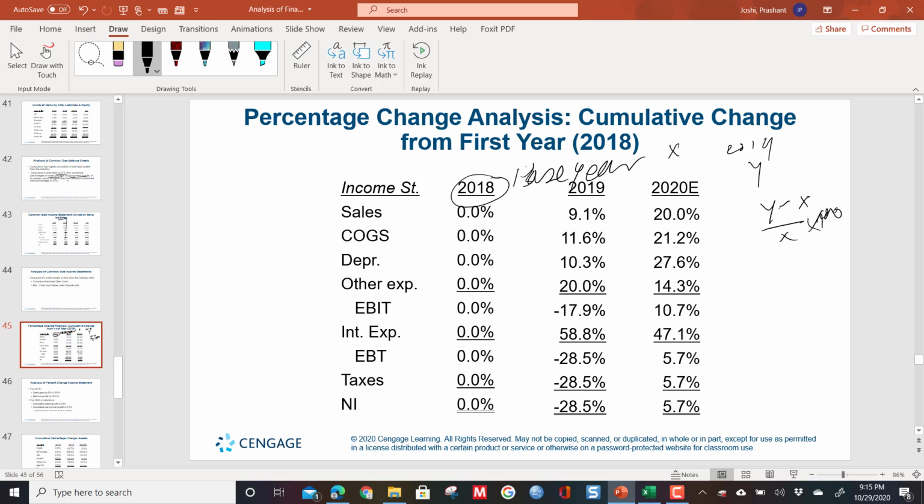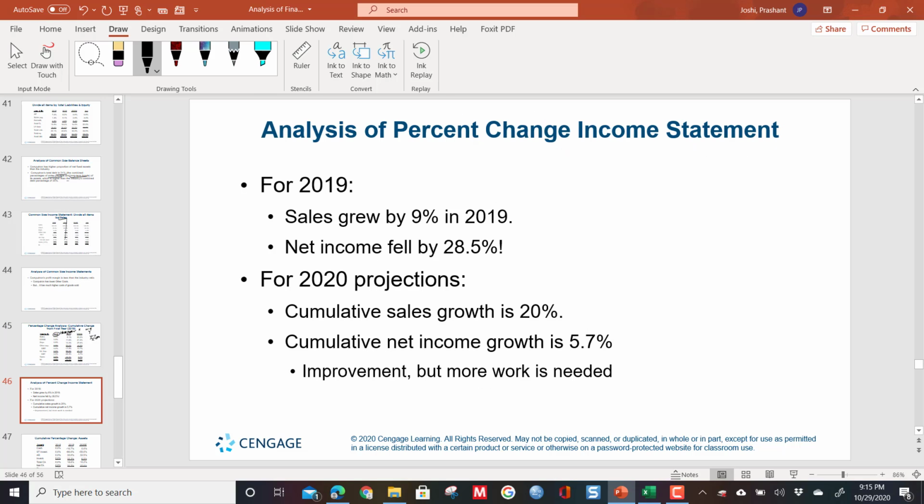If you look at the information in the balance sheet of 2018, 2019, and 2020, you can calculate the percentage change over a period, right? And that helps you make a comparison from the base year.